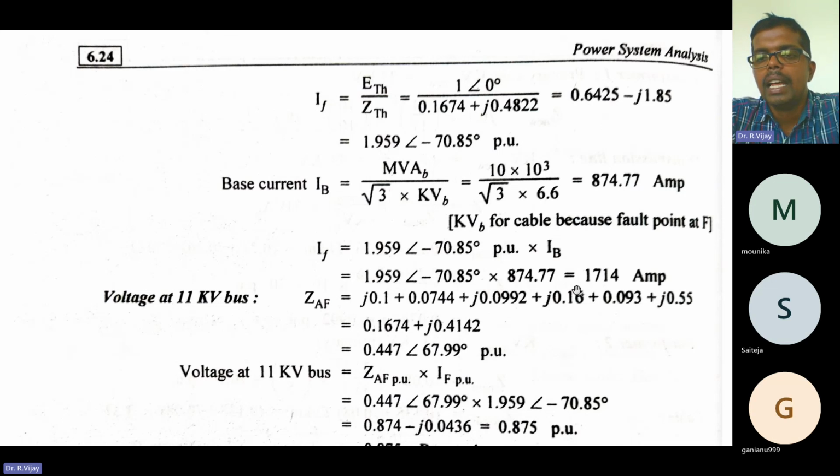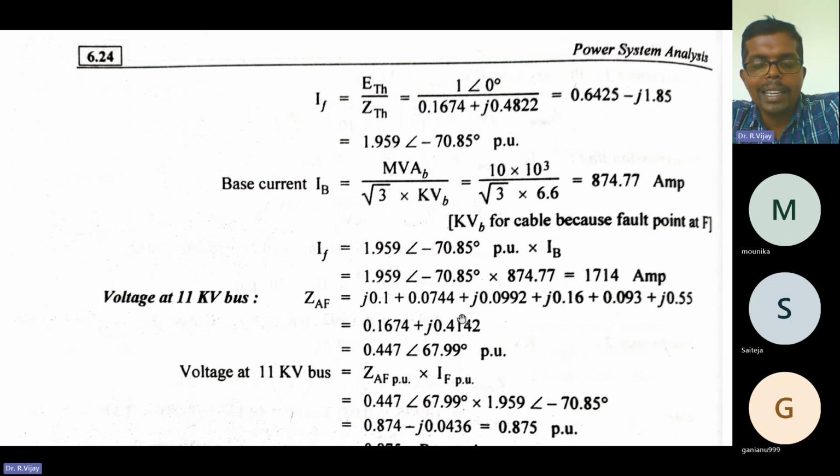You'll get the answer as 1714 amps. That is the fault current, which is already asked in the problem. So to determine the fault current, you just multiply, and you'll get 1714 amperes. This is the fault current at that particular fault.